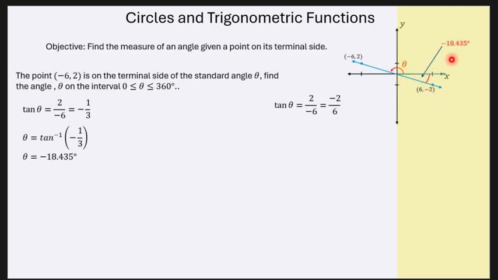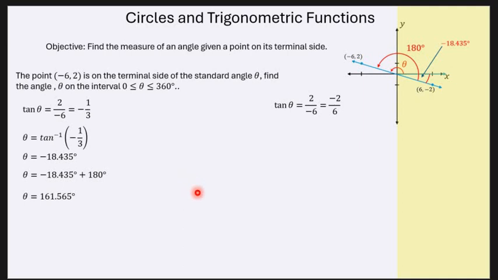So all I have to do to the angle the calculator gave me is add 180 degrees. So I take this angle and I add to it 180 degrees. And the final answer then is that the angle theta that I'm looking for is 161.565 degrees. And there I found the angle theta that has negative 6, 2 on its terminal side.